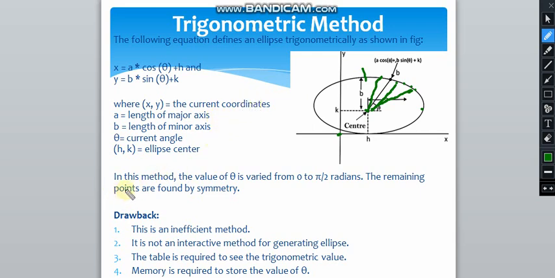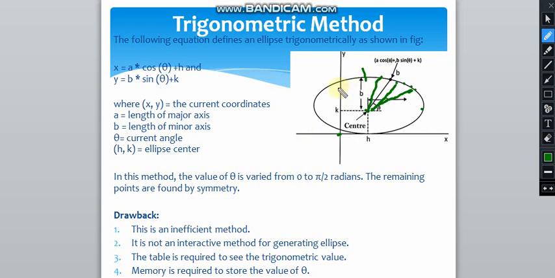What are the drawbacks of this trigonometric method? This is an inefficient method and it is not an interactive method for generating an ellipse. Why is it not interactive? Because the value of theta is increasing according to cos theta and sin theta, and it is not dependent on the value of a and b. A table is required to look up the trigonometric values.